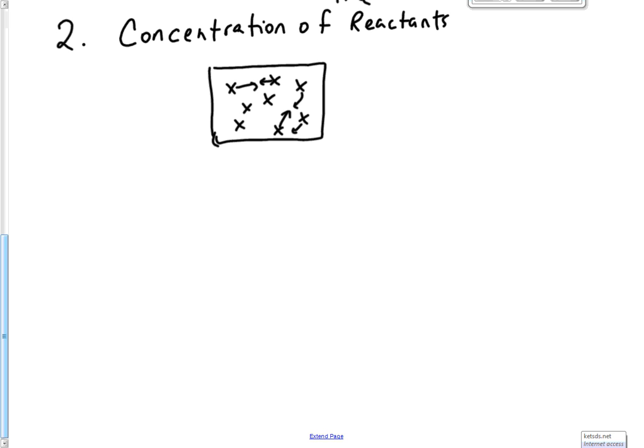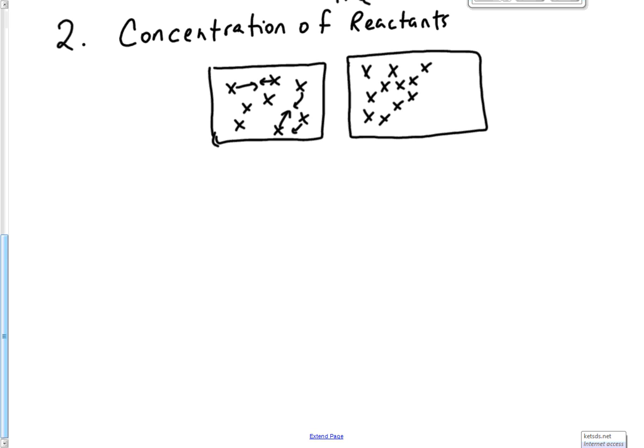If we increase the concentration of the reactants, let's say we put all of our classes in there, and these are all of you, all right? And I told you to walk around, you're going to have a lot more impacts. You're going to have more reactions here, more impacts here than you would here.